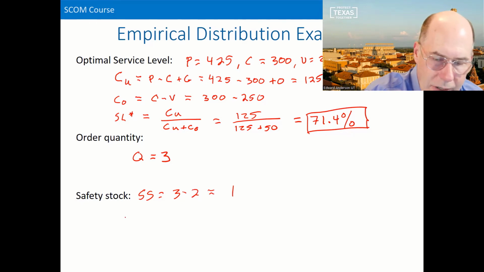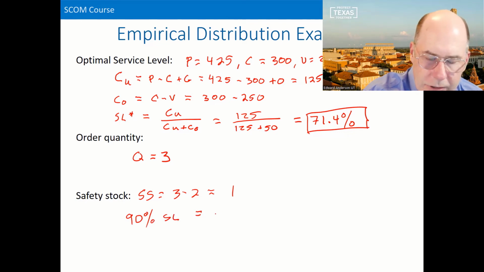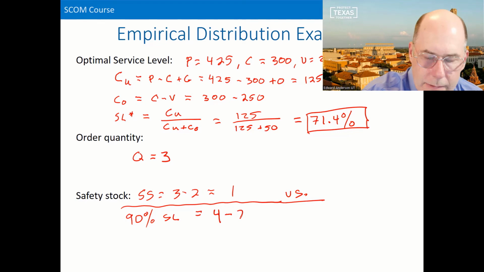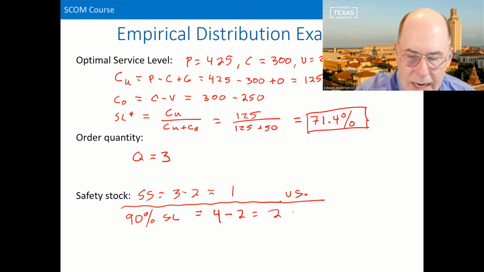Now, as a reminder, when we had the 90% service level, that had us have a Q of 4. And again, 50% service level would be 2, or as close as we're going to get. So there's a safety stock of 2 lawnmowers in that case.